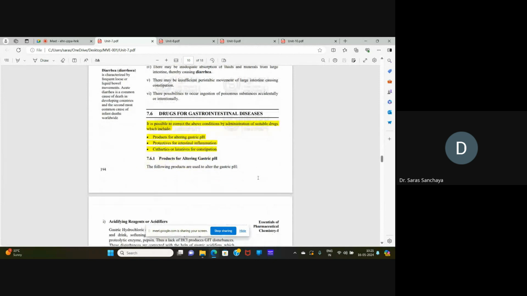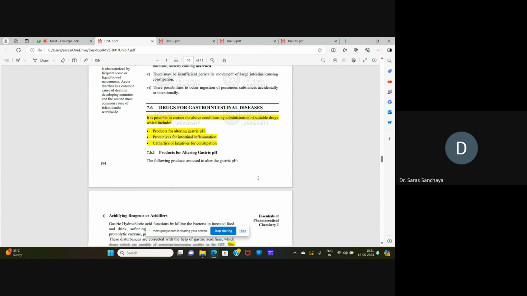Drugs for the gastrointestinal tract. It is possible to correct the above conditions by administration of suitable drugs, which include products for altering gastric pH, protectives for intestinal inflammation, and cathartics or laxatives for constipation.